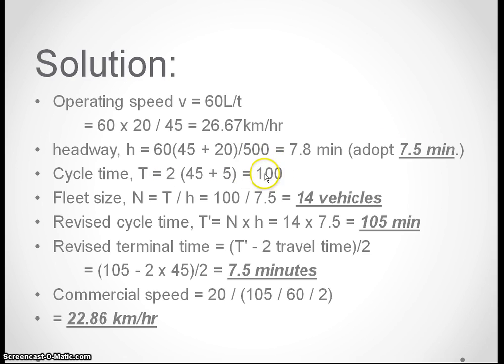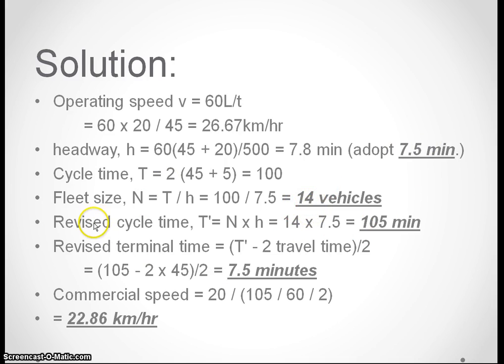So we have 100 minutes per cycle. And fleet size, we have the cycle time, and our headway is 7.5 minutes. So just divide the cycle time by the headway, you get 14 vehicles.